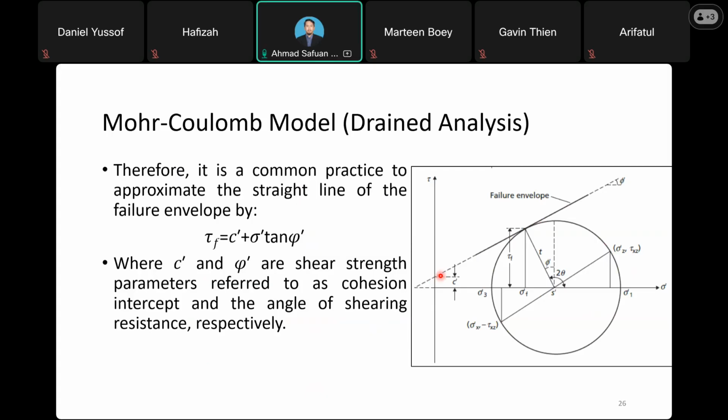So from this Mohr-Coulomb envelope, later on, we can get the c and phi values.